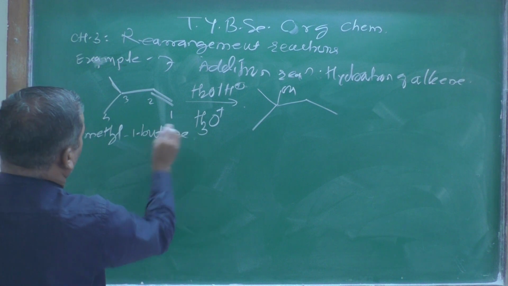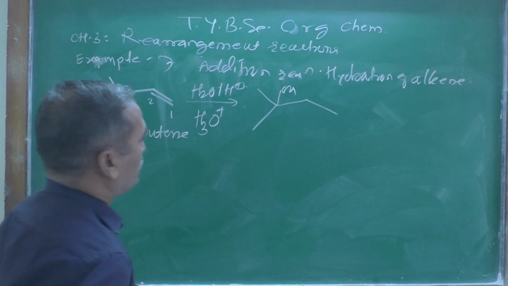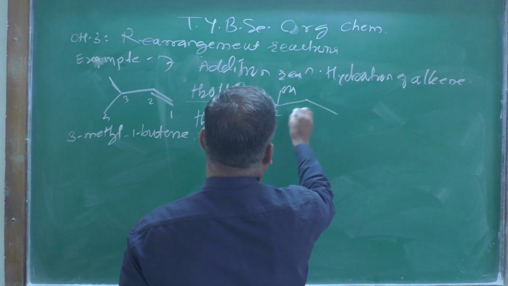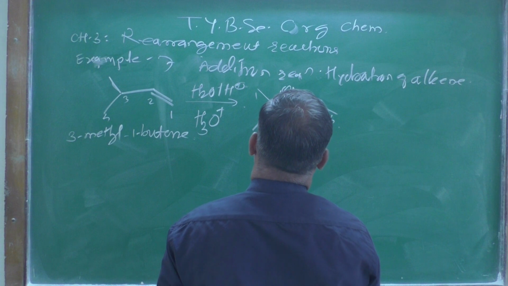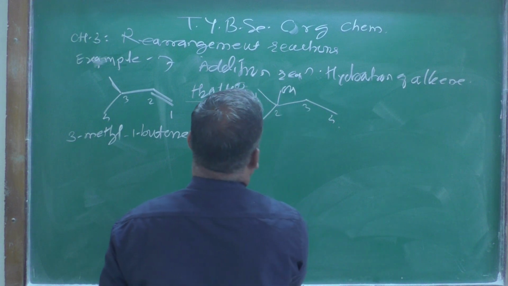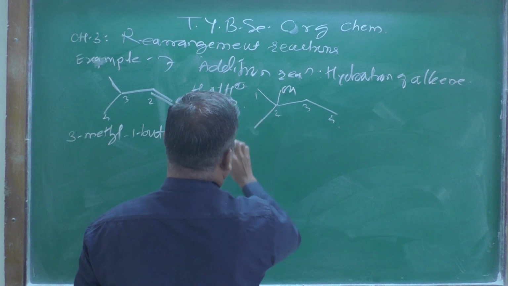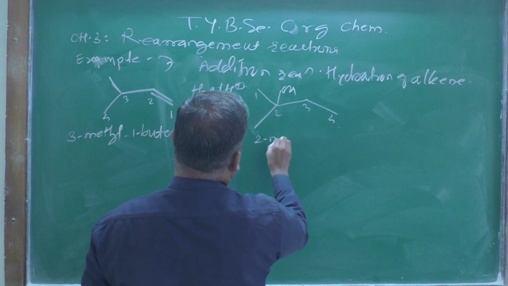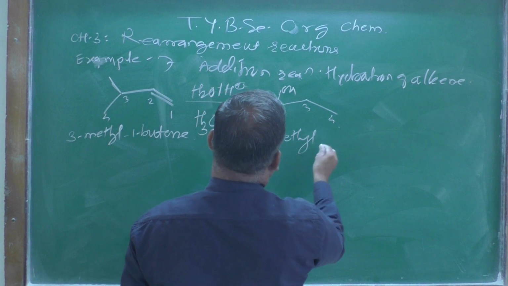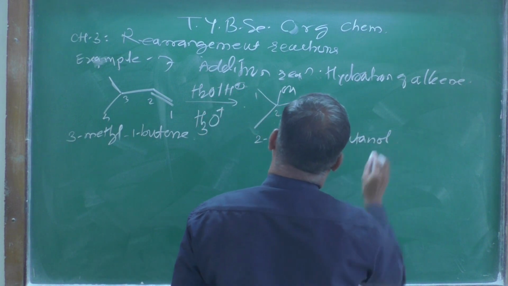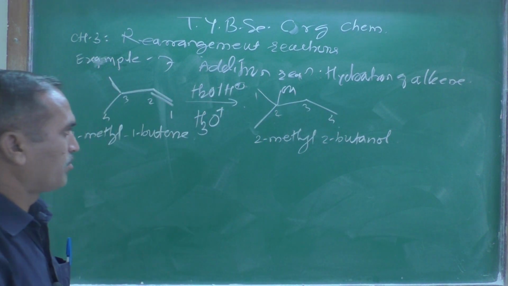This is the IUPAC name of this compound. And if you see the product over here, 1, 2, 3 and 4, at 2 position there is a hydroxyl group as well as a methyl group. 2-methyl-2-butanol, that is the IUPAC name of this compound.